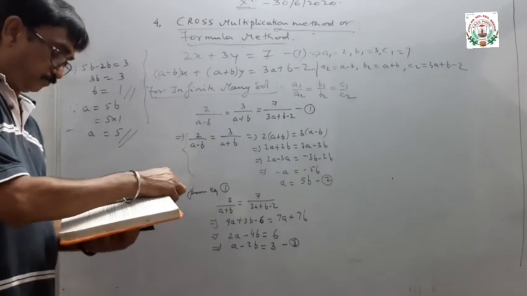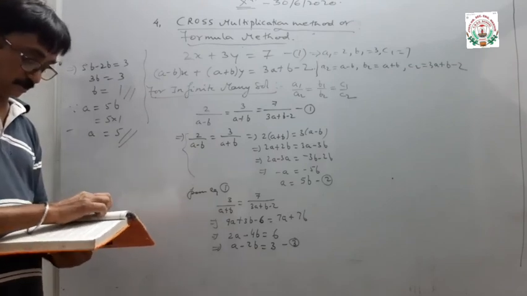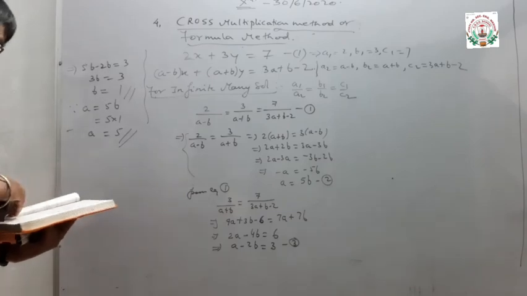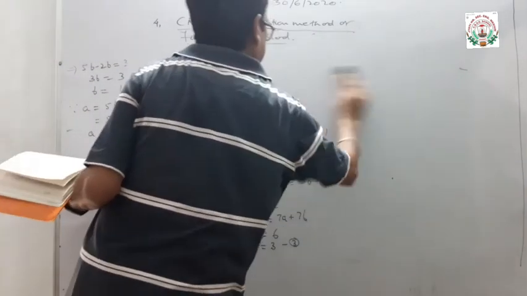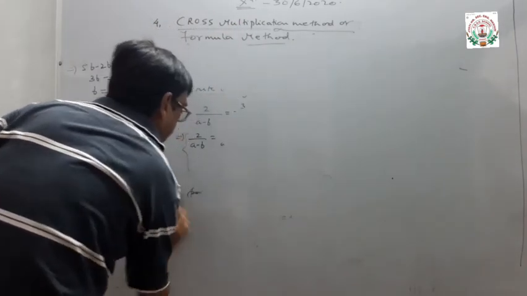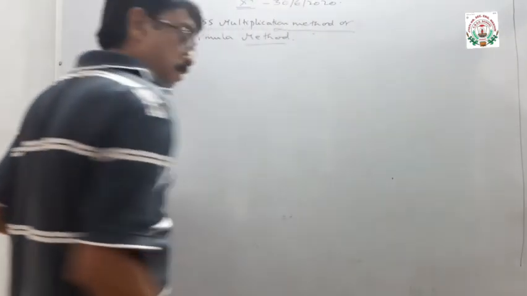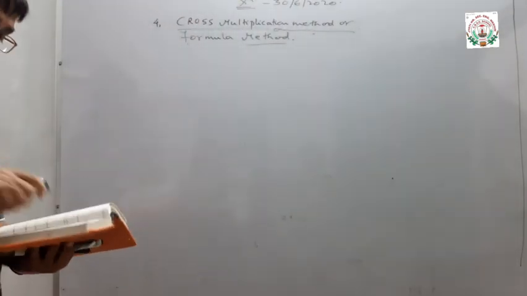Now let's move to the second question, that is you have to find out the value of k for no solution. Now I have to get the value of k for no solution.